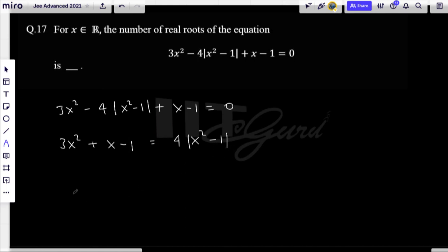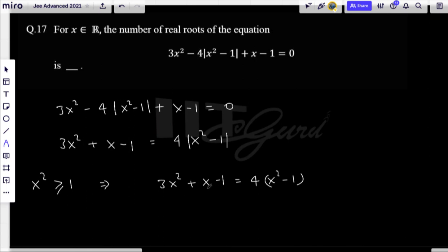Now we can consider two situations. In the first case, x square is greater or equal to 1, so this will be treated as positive. So we can write 3x square plus x minus 1 is equal to 4 times x square minus 1.